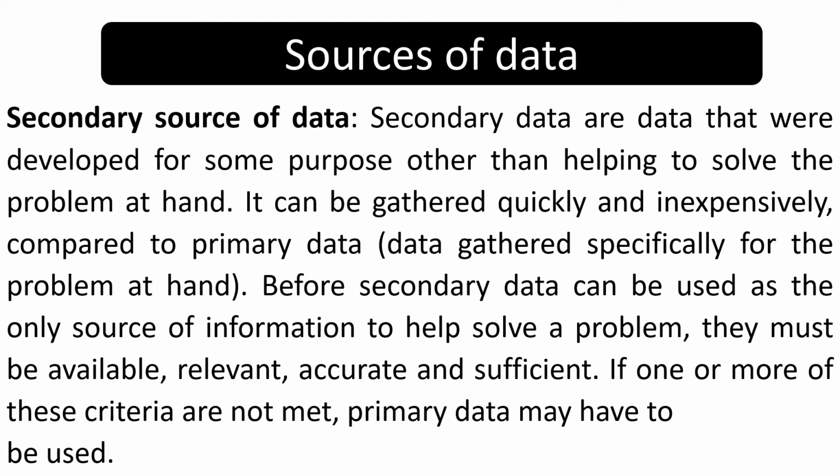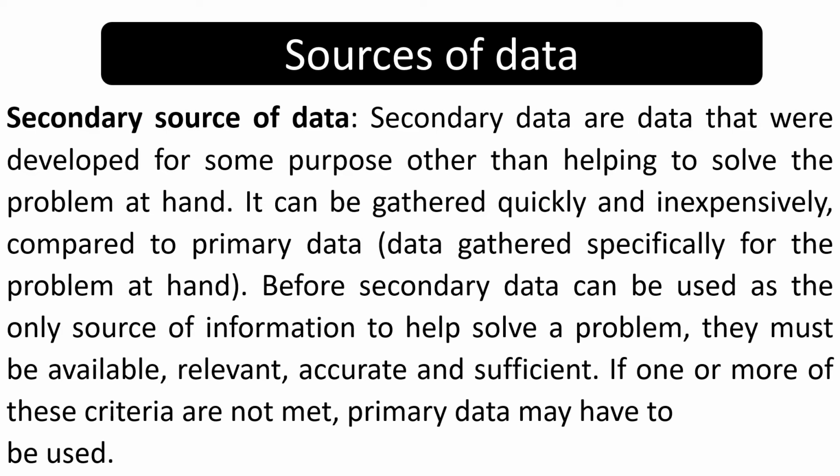So if it's a secondary data, you might not really need more people. You can easily go to a source like National Bureau of Statistics. You can even get it in journals, in publications.